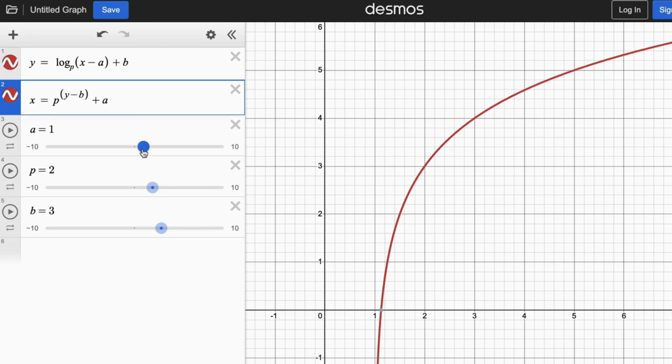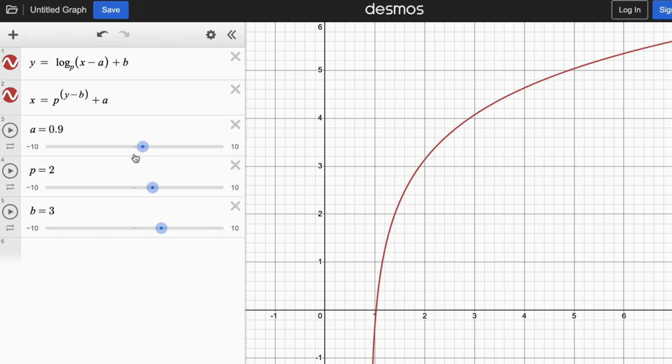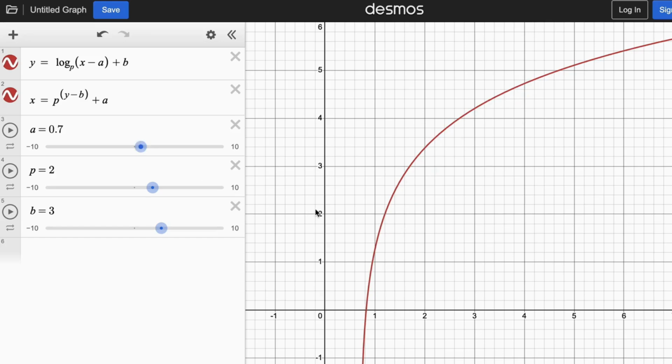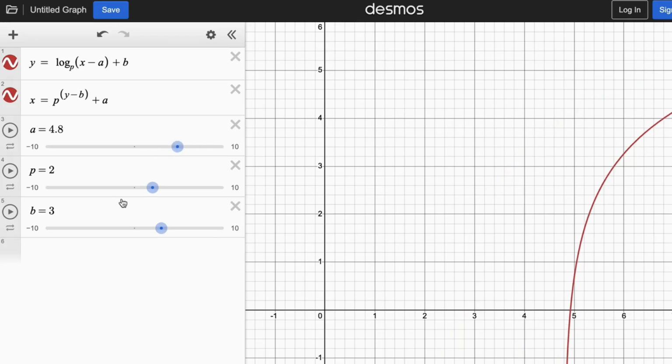I feel like that similarity can help us quite a bit sometimes. So as we can see, a controls our vertical asymptote. It's basically a value the graph is trying to approach but just cannot reach. It moves the graph horizontally as well. And then we've got our p, which is how stretched out this is.